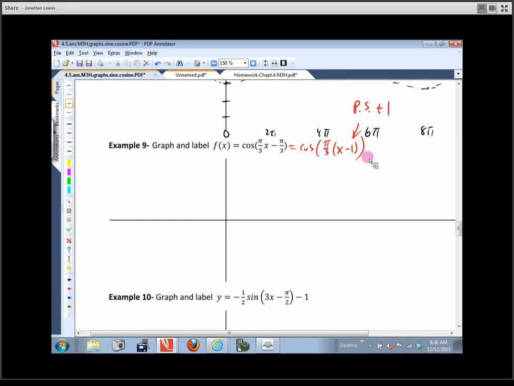Do I have any other changes to the shape of the parent function? What is this? Pi thirds is a period change factor, right? Now, is this a number bigger than 1 that's going to speed it up, decreasing the period, making the period smaller, horizontally shrinking this? Or is this a number that's less than 1, slowing it down and horizontally stretching out the period?